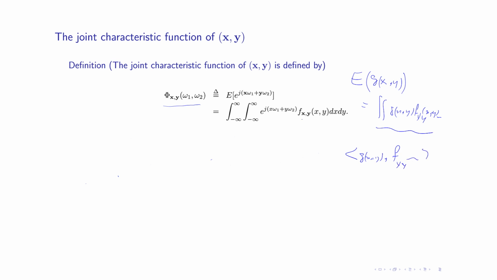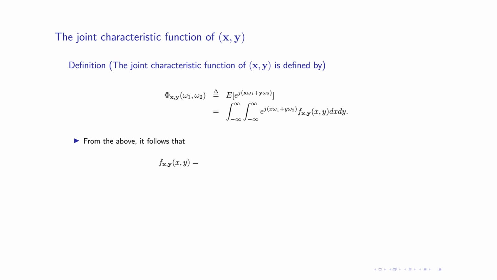Basically this is the inverse Fourier transform of the joint PDF, and the inverse of this transformation is given by this expression. So there is a one-to-one relationship between these two. If you use the joint PDF, it gives the distribution. The characteristic function also gives you the distribution. It fully characterizes the distribution of your pair of random variables.